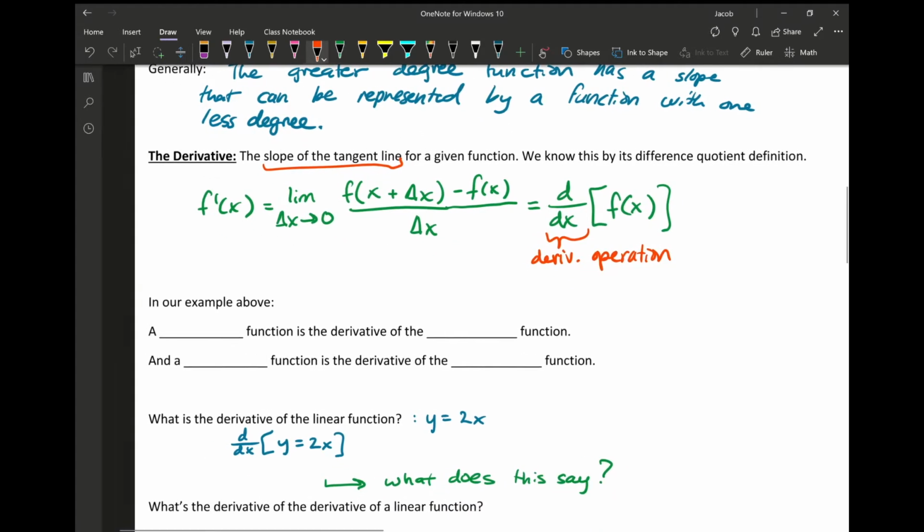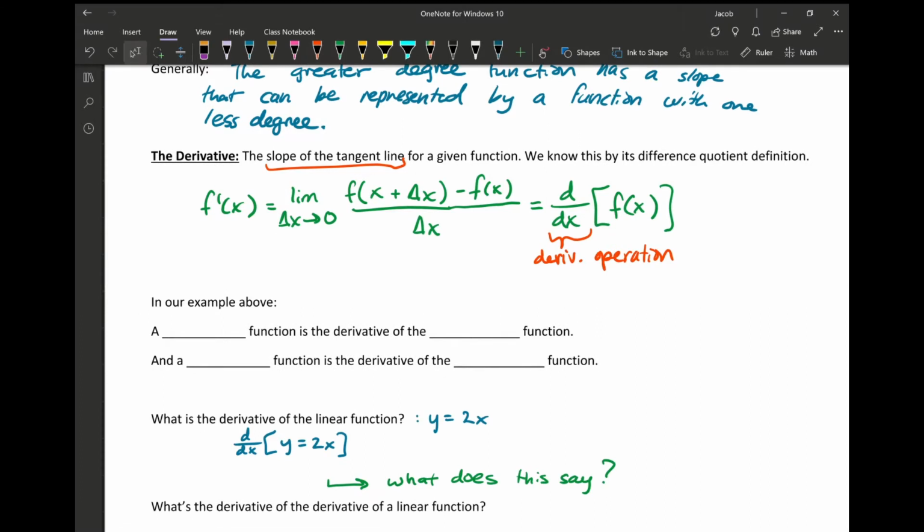In our example, the linear function is the derivative of the quadratic, because the linear represents the slope of the quadratic function, and then the quadratic is the derivative of the cubic function.